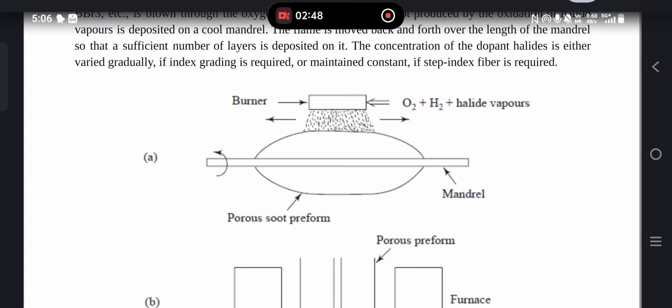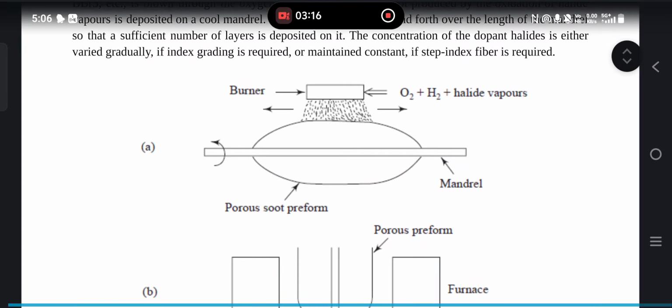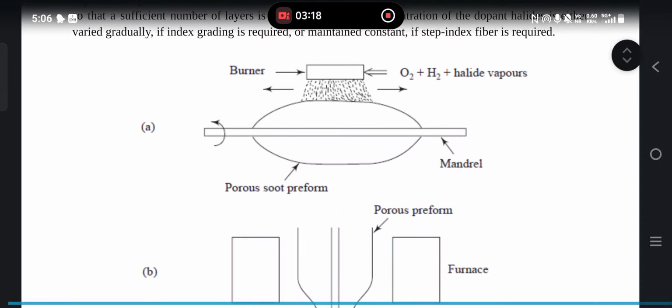The refractive index of the material deposited on the mandrel layer by layer keeps on changing gradually in accordance with the requirement, and accordingly the graded index fiber can be obtained. On the other hand, if we want to have the step index fiber, then what is done? The concentration of the dopant is kept constant at the desired proportion.